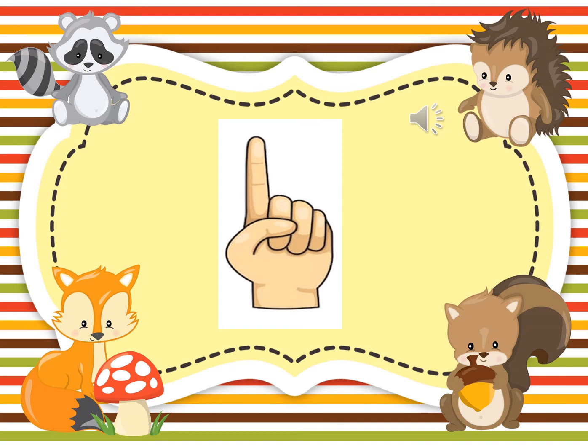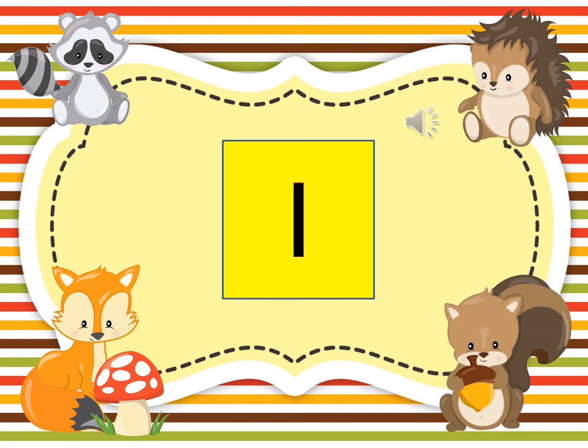Now I want you to look at this picture and tell me how many fingers can you see? Now let's find out if you are right. Good job, everyone. It's 1 finger.